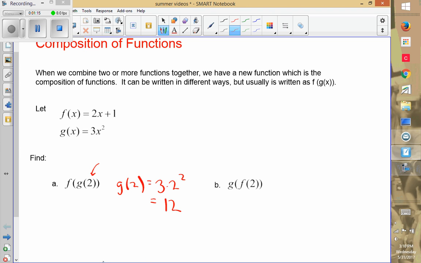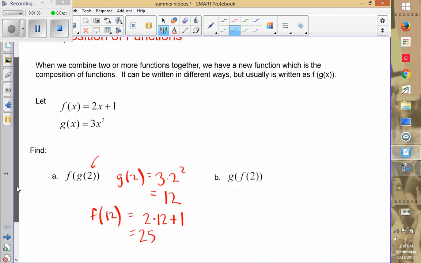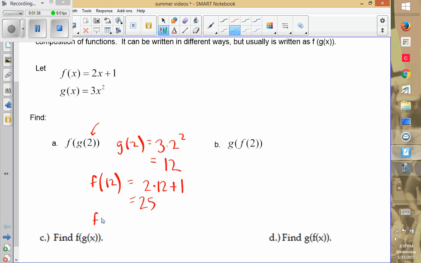So since g of 2 is 12, what we're really going to do is have 12 inside of the f of x equation. So when I put 12 into the f of x equation and I have 2 times 12 plus 1, I am going to get 25. So f of g of 2 ultimately is equal to 25.